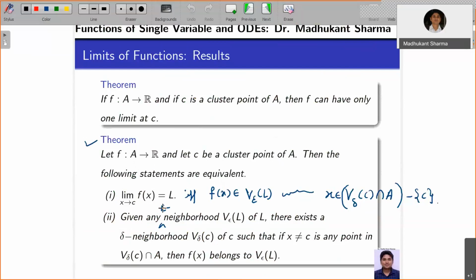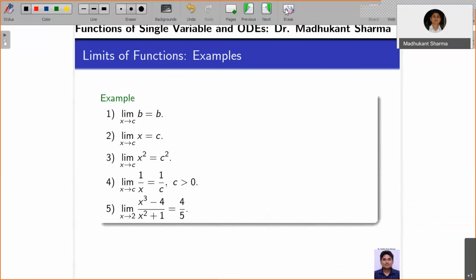Then given any epsilon neighborhood of L, there exists a delta neighborhood of c such that if x not equal to c is any point in V delta of c intersection A, meaning x belongs to this set, then f(x) belongs to the epsilon neighborhood of L. So for given epsilon, there exists delta such that this happens. This has already been discussed. Right, so let's discuss some examples.